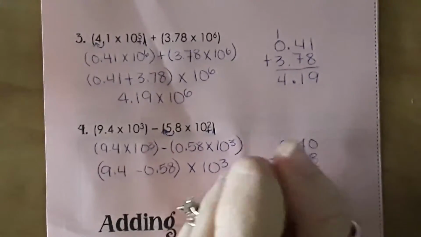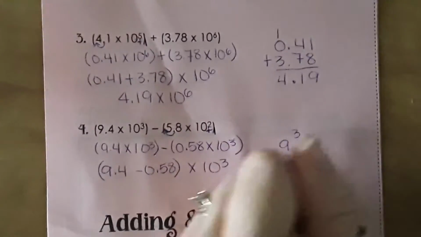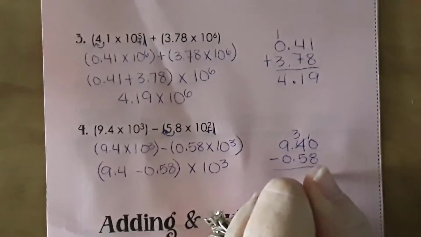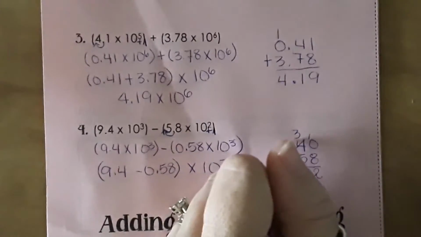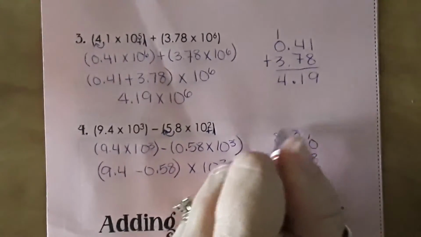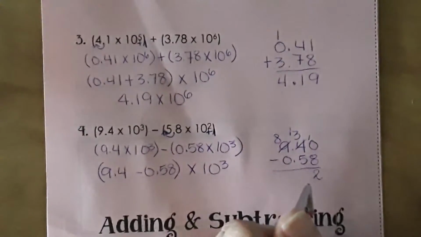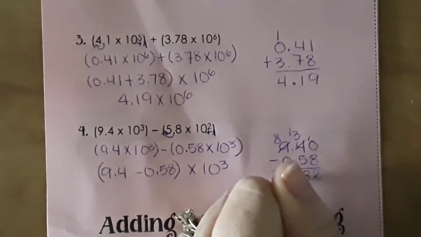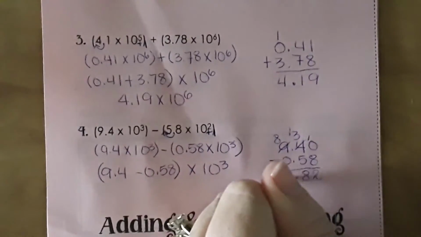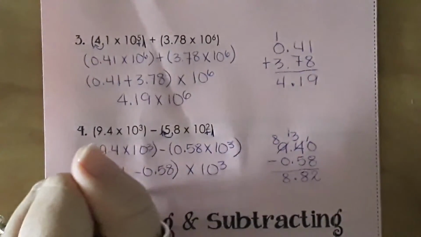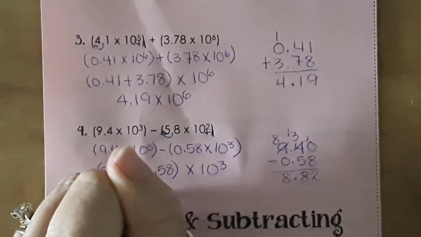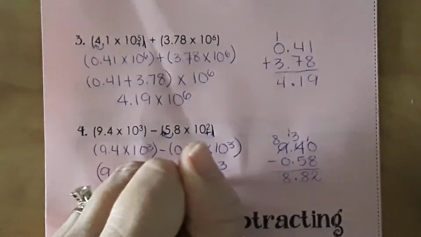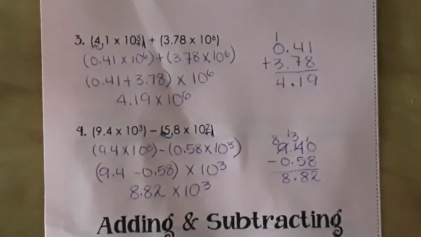I need to borrow from the 4. 10 minus 8 is 2. 3 minus 5 doesn't work, so I'm going to borrow from the 9. 13 minus 5 is 8. Bring down my decimal, and then 8 minus 0 is 8. So my answer is 8.82 times 10 to the third.